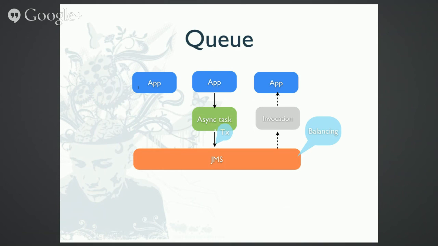Basically we turn that task into a JMS message and push it into the JMS, and that actually creates an invocation. We know what task queues do is invoke servlets asynchronously back in our own apps, right? That's what we do. We push a message into JMS, and it asynchronously invokes back your app.